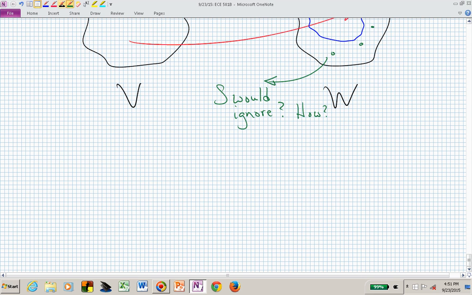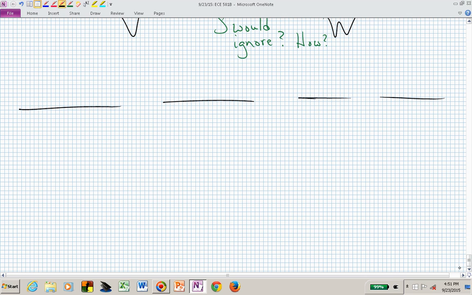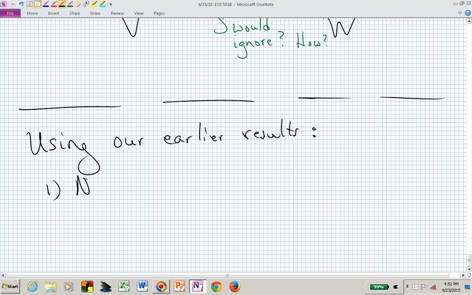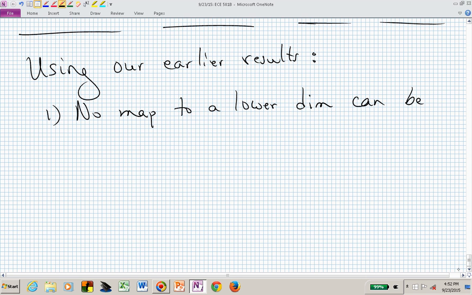Let's look at some other facts relative to invertibility. Using our earlier results, we know that no map to a lower dimension can be what?